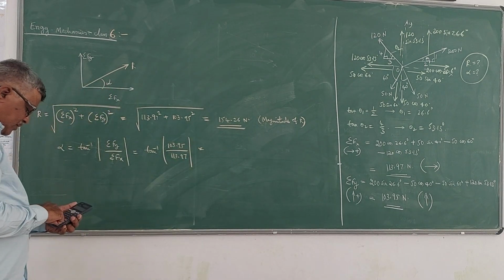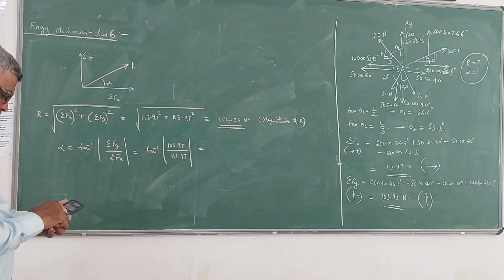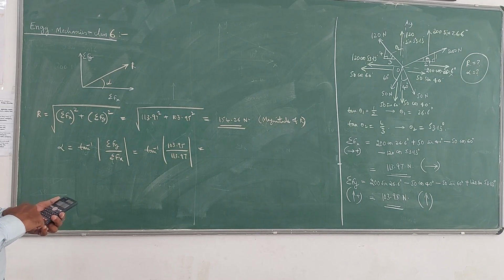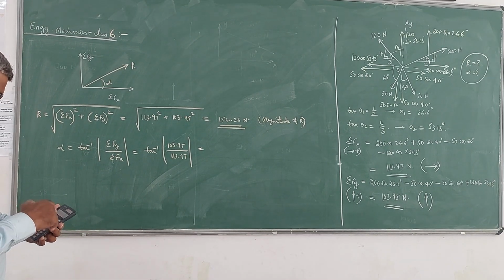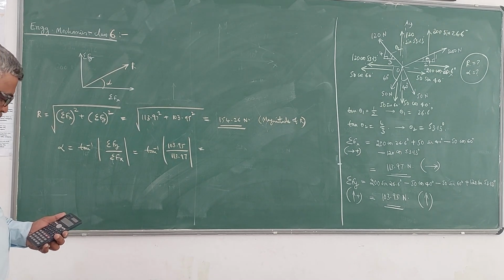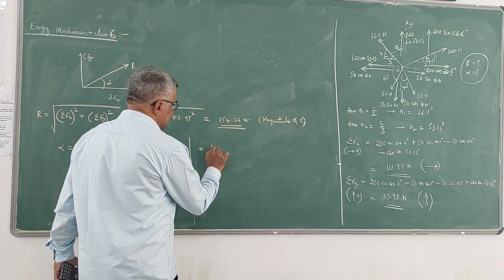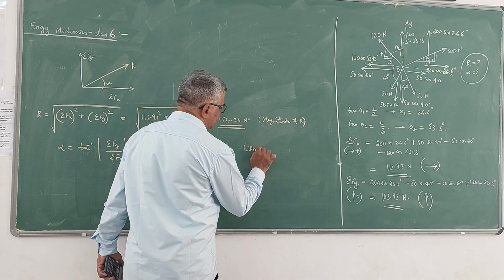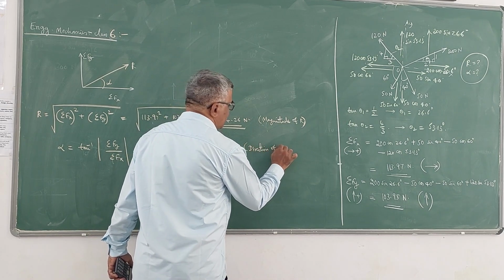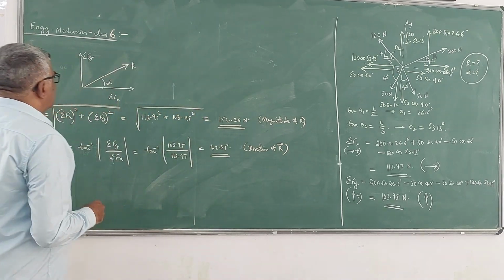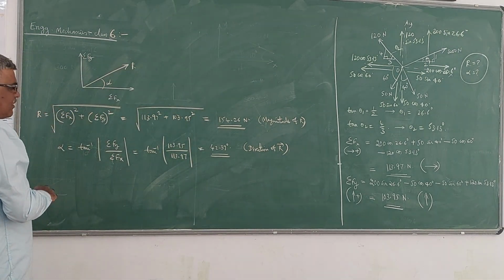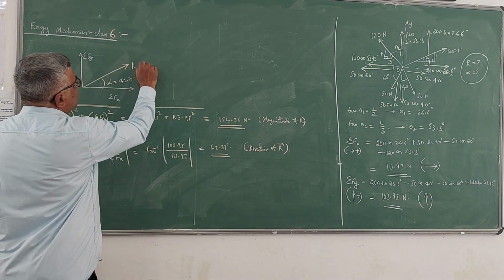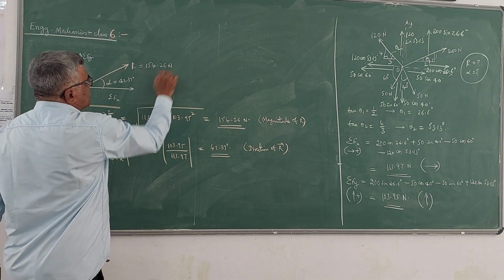So you will be getting 42.37 degrees. So that alpha angle gives the direction of R. So here this alpha value we got 42.37 degree, magnitude of R 154.26 Newton. So this is how.